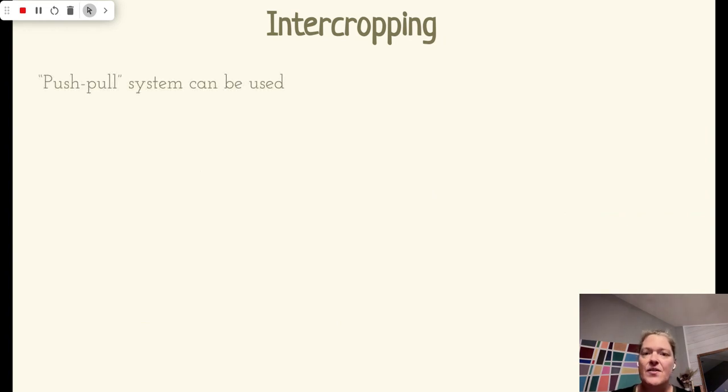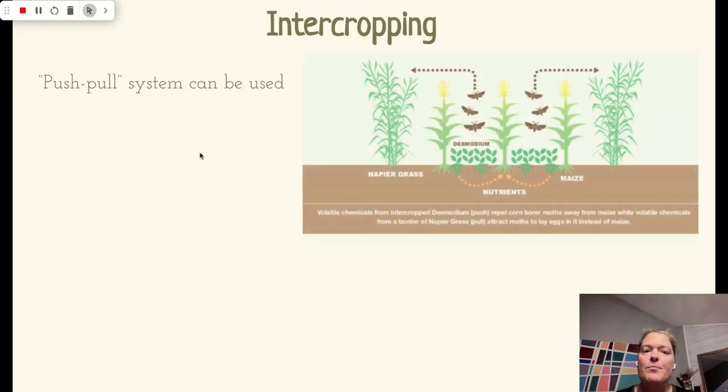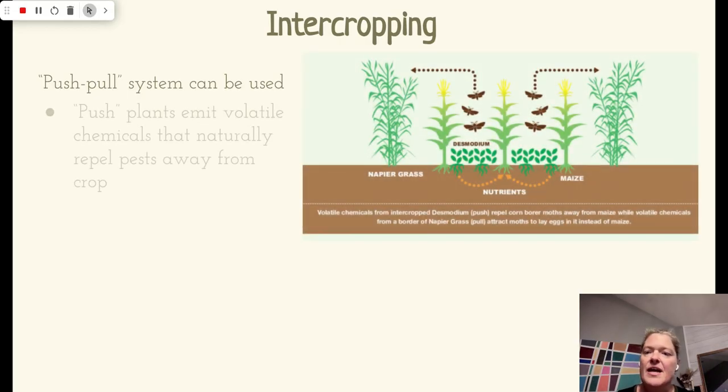Intercropping is another method that can be used. It's kind of a push-pull system. What that means is that push plants emit volatile chemicals that naturally repel pests. You can use things like Napier grass, which lets off a chemical that attracts the moths that would normally feed on soybeans or corn.